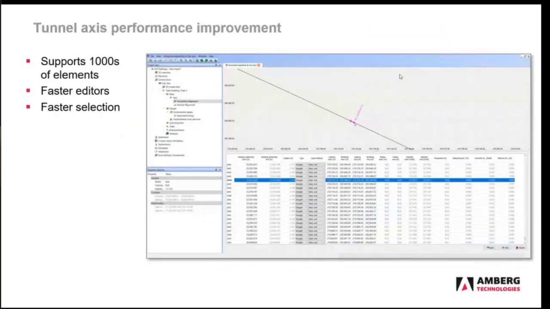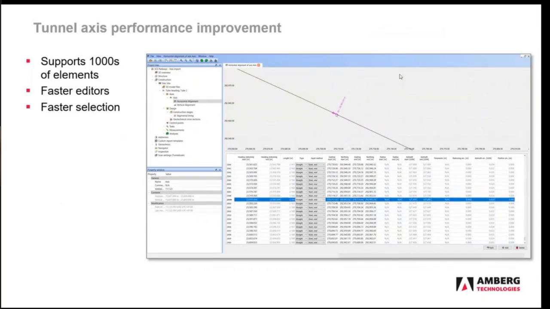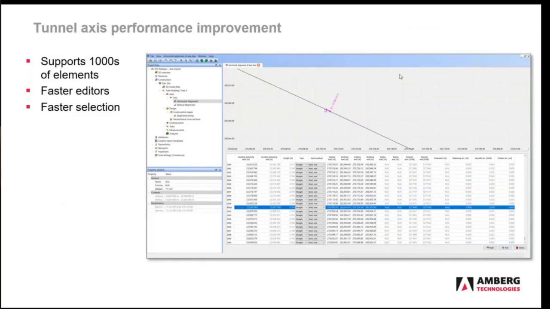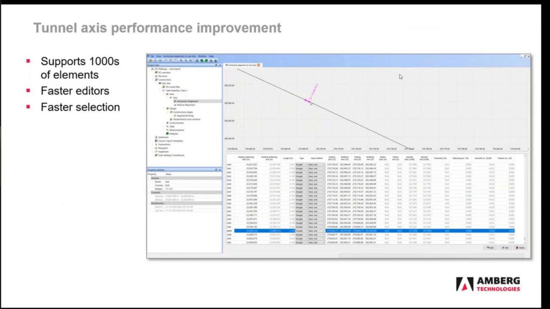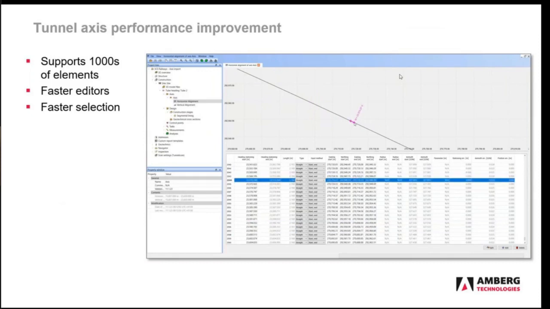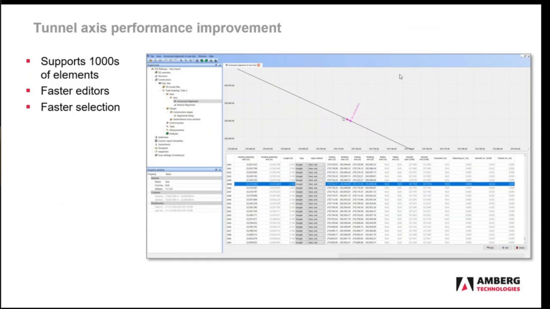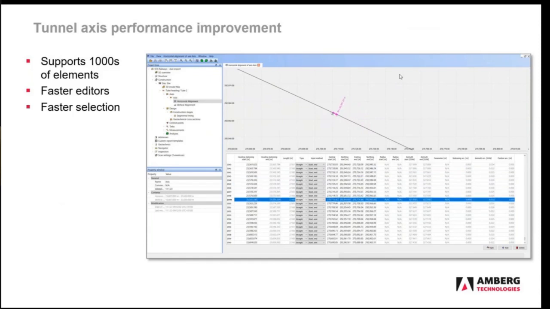So on to some general improvements. In the axis editor, so the horizontal and vertical alignment, up to this point, the expectation was that we would have maybe at most several hundred elements in the editor consisting of straights, arcs, and clothoids.